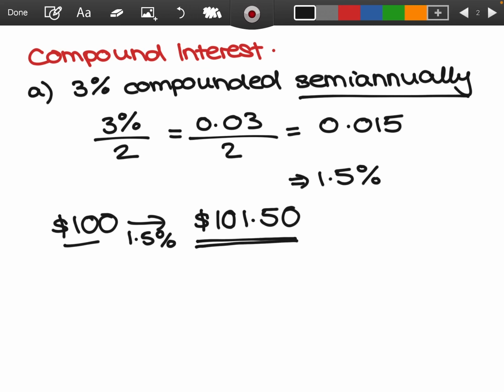So I'm going to gain 1.5% on $101.50, which works out to about $1.52, which means that your new value, once you've gained another 1.5% on this amount, will be $103.02. So after a year of 3% compounded semi-annually, I would have $103.02.